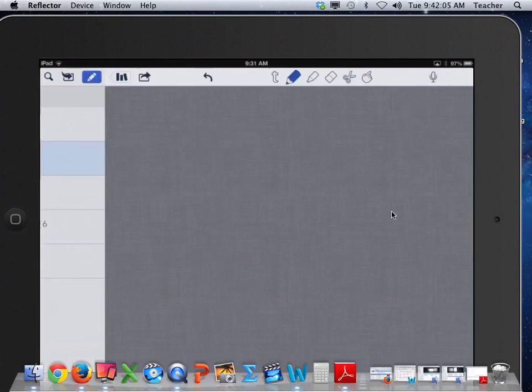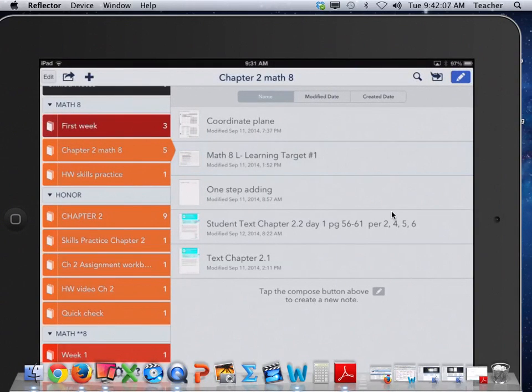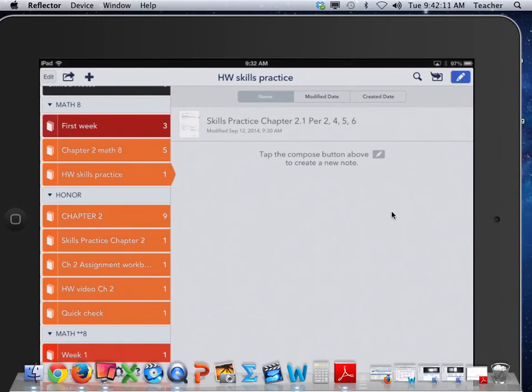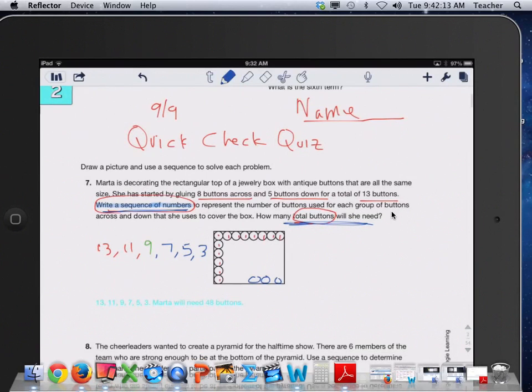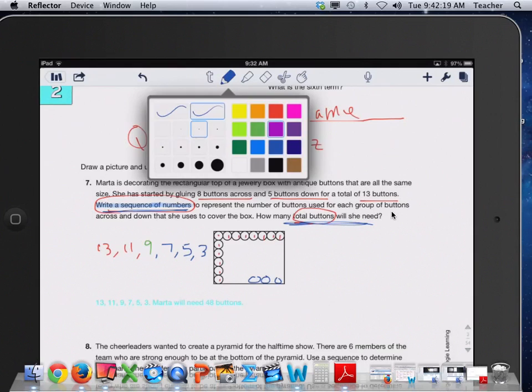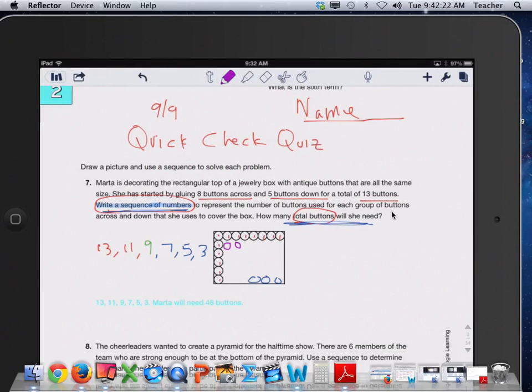Okay, now if you look at this, how many total buttons were there? How many buttons altogether? When you drew all of them in, how many total buttons were there? 48.